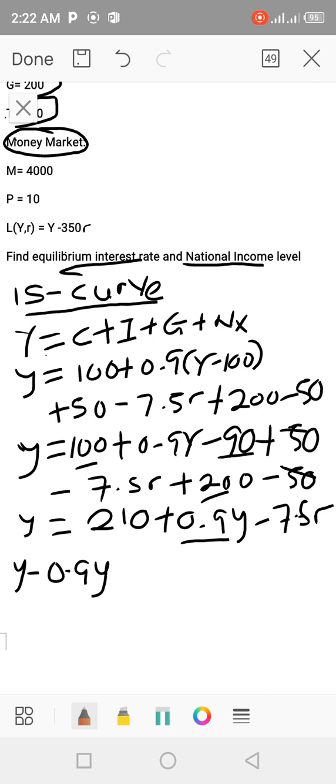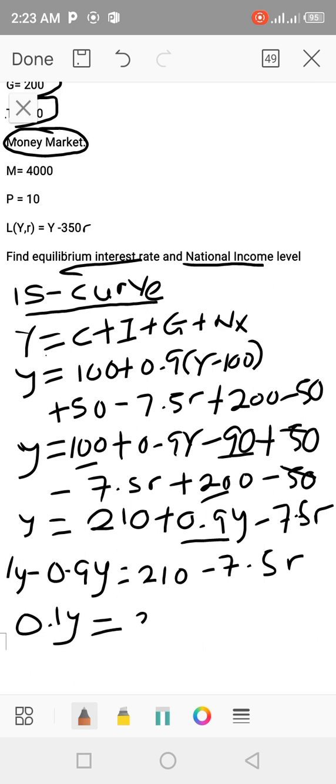The coefficient of Y is 1, so 1 minus 0.9 is 0.1Y, which is equal to 210 minus 7.5R.